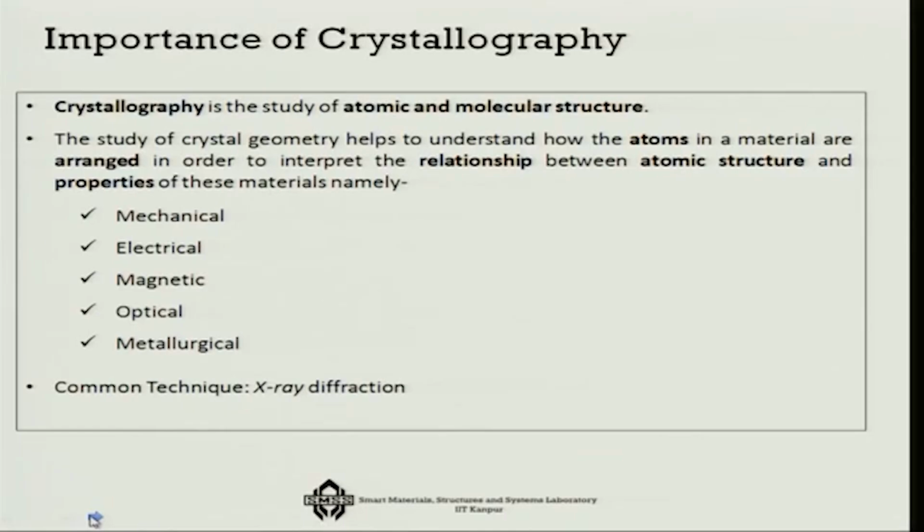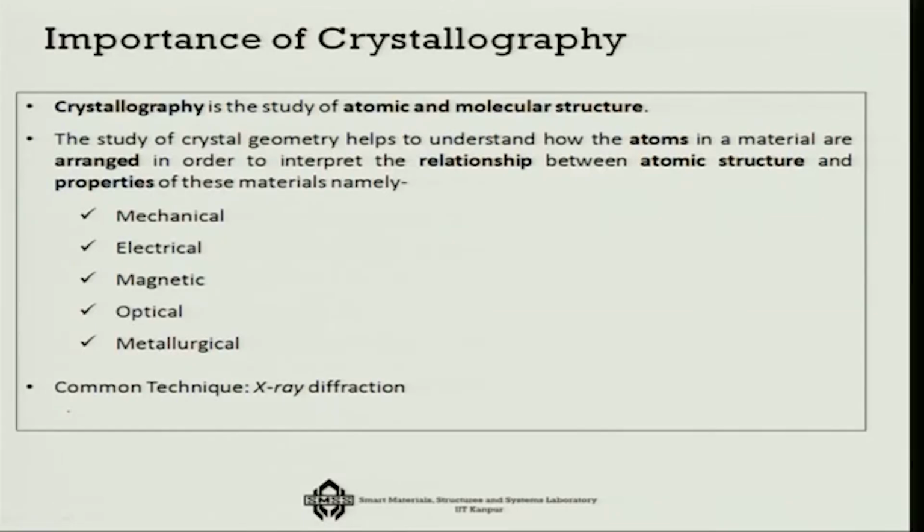Now, here we will come to a very important topic which we have to know a little bit, called crystallography, which is nothing but the study of atomic and molecular structure. This study of crystal geometry is important particularly because we will be working on ceramic materials and metals, which show much more regular crystal structures.